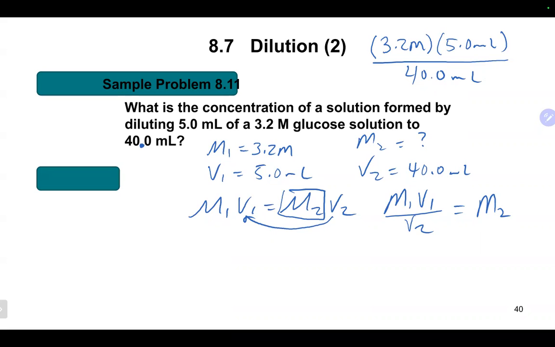And then when I divide it by the milliliters, I go back to molarity. So you don't have to convert it to liters here, but if you wanted to, you could. It should come out exactly the same. Here, though, the milliliters will cancel each other out. And that would get me 3.2 times 5 divided by 40. That gives me a concentration of 0.4 molar here. Question on that calculation?